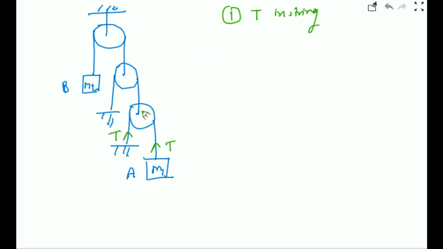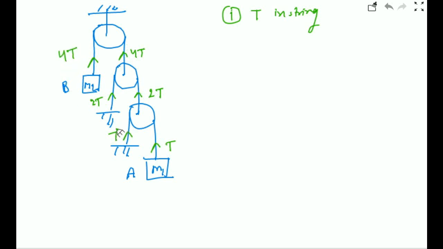Now we have a massless pulley, so the tension here, as you saw before, is 2T, T plus T. Now here 2T, same string, so this string will also be 2T. And 2T plus 2T you can write here as 4T.